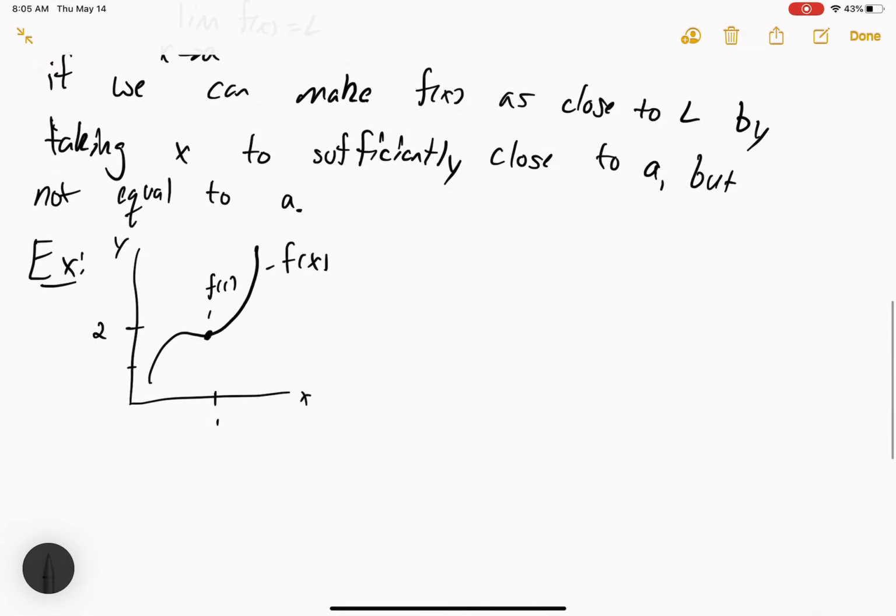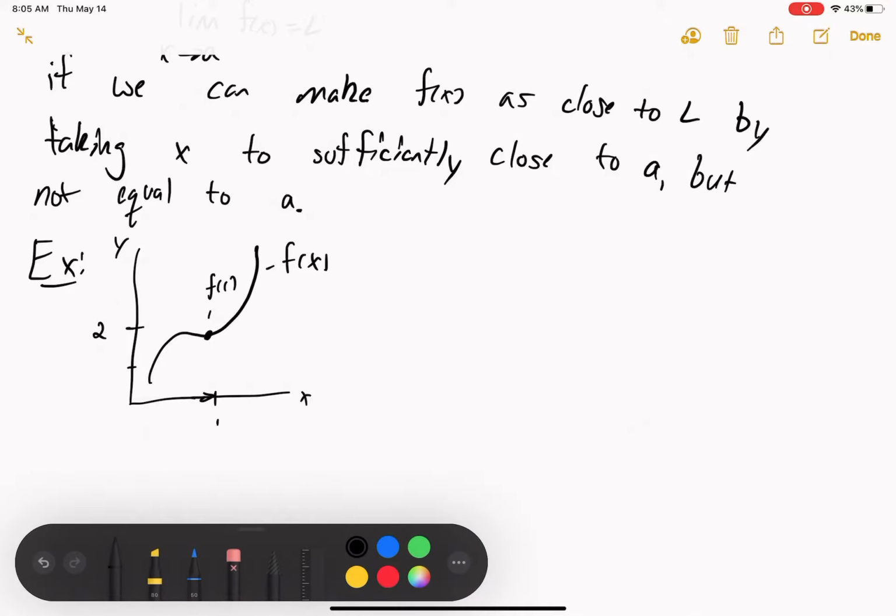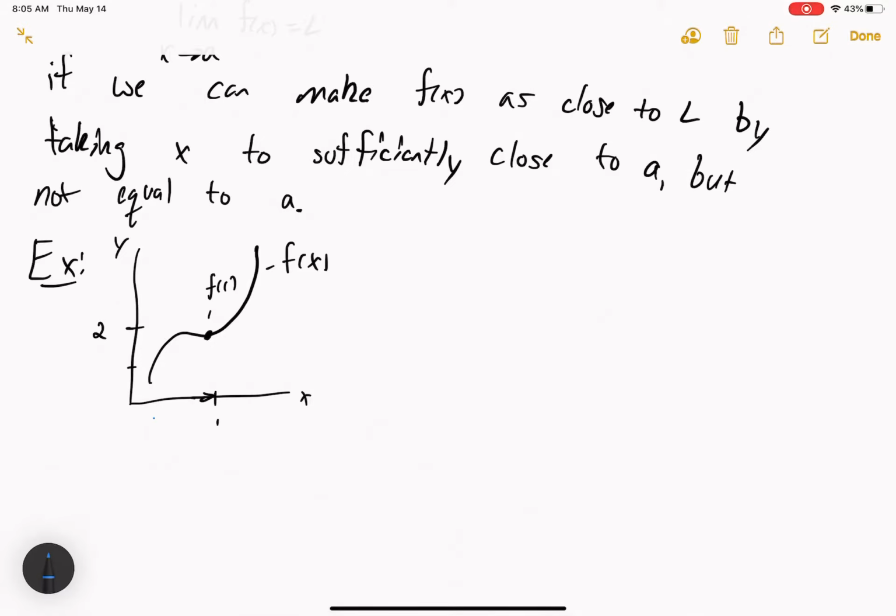So we're going to do the same thing here. As x approaches 1, the function is going to approach 2. And as we approach 1 from the other side, the function also approaches 2.